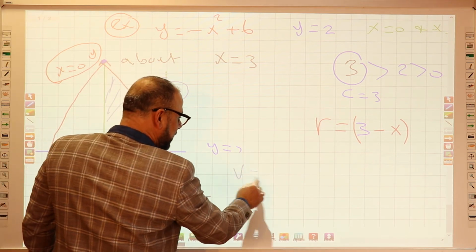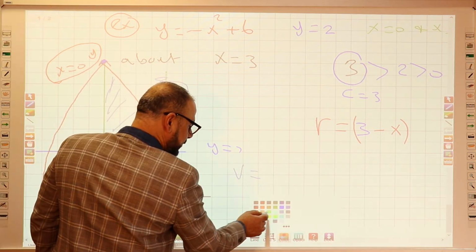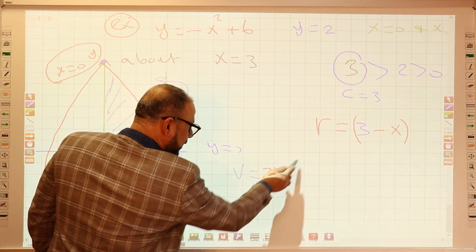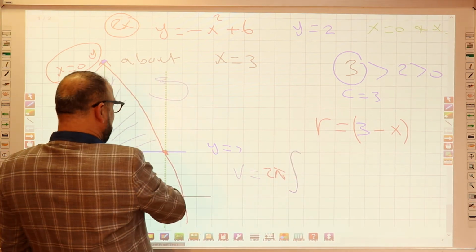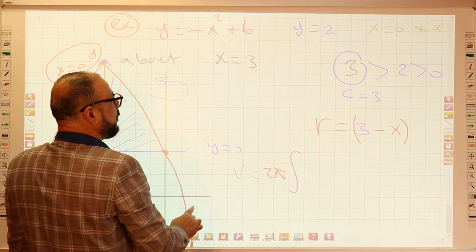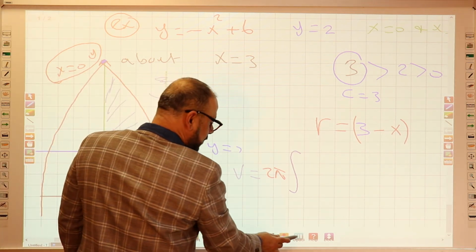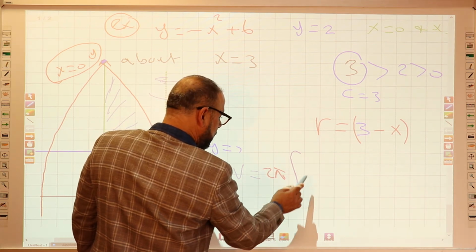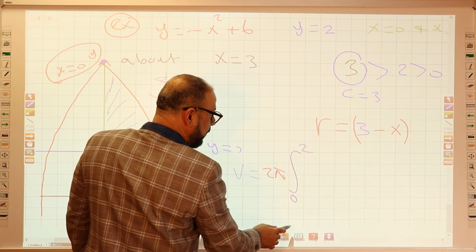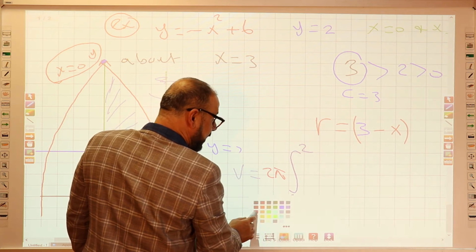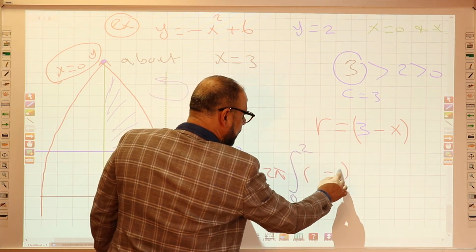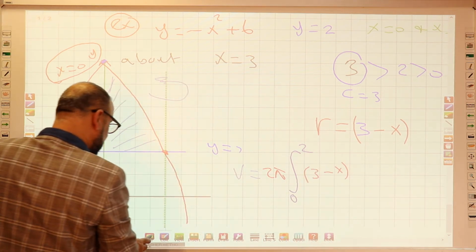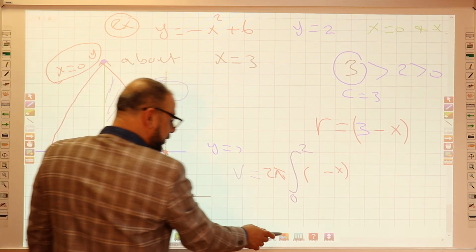Volume equal 2 pi, integral from 0 to 2. My radius is 3 minus x, because I applied the rule.